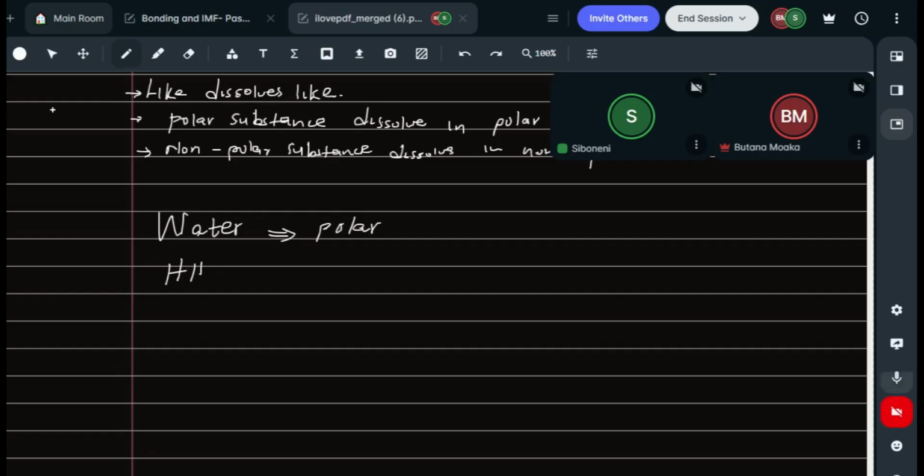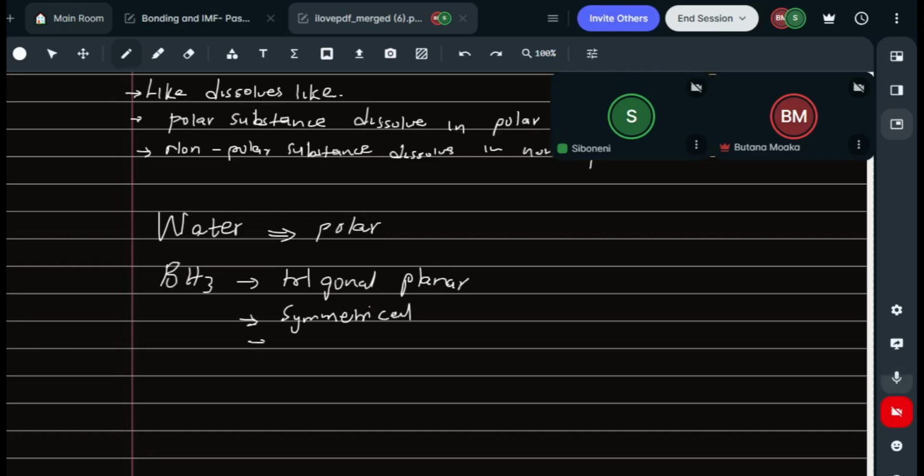So the water is polar, and then the BH3. If you still remember, we just talked about this BH3, and we said this is trigonal planar. And we also said that it's also symmetrical. You still remember that? Yes. Okay.